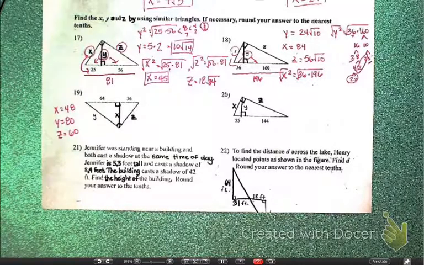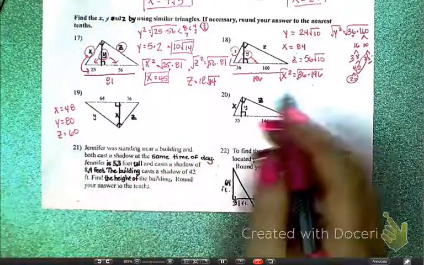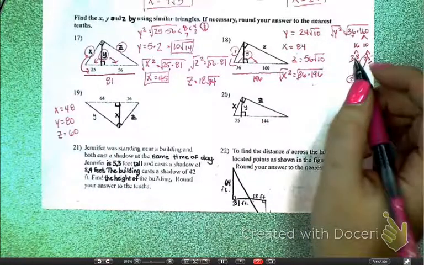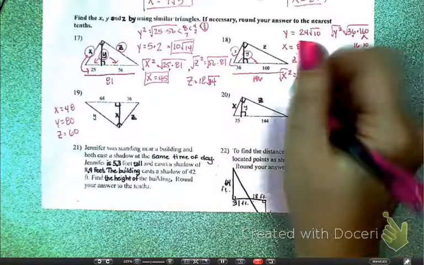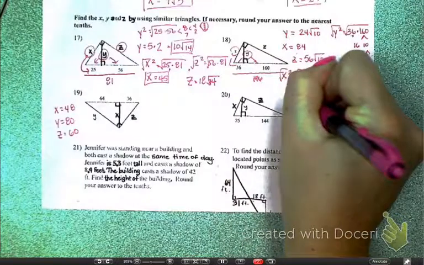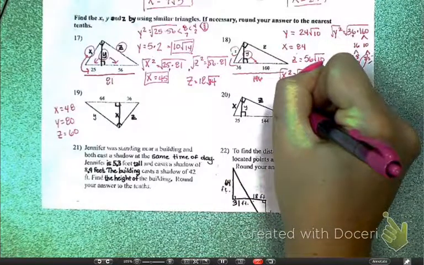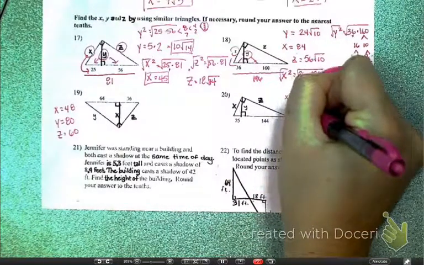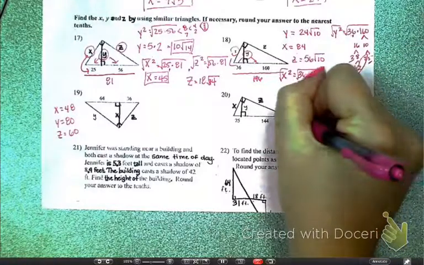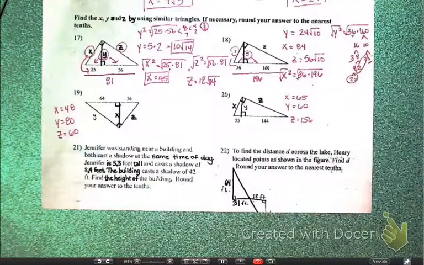Do we need to see any of those? No? Okay. Number 20, you should have gotten x equals 65, y equals 60, and z equals 156.